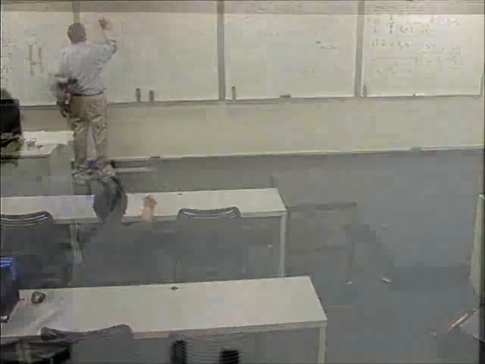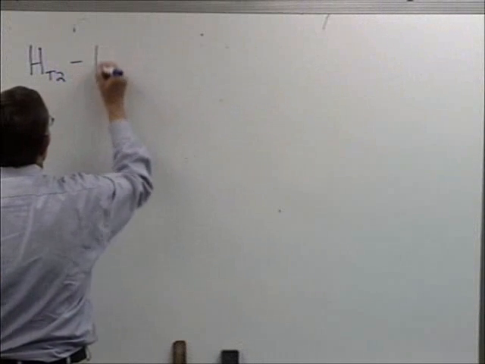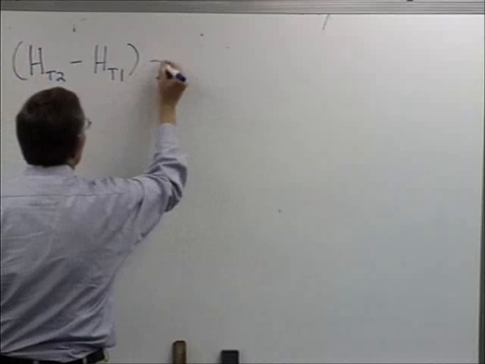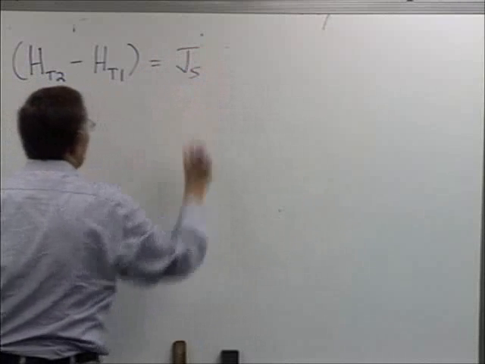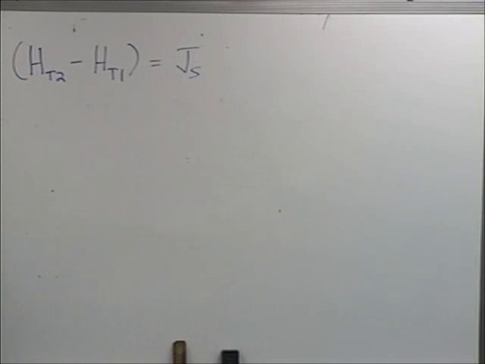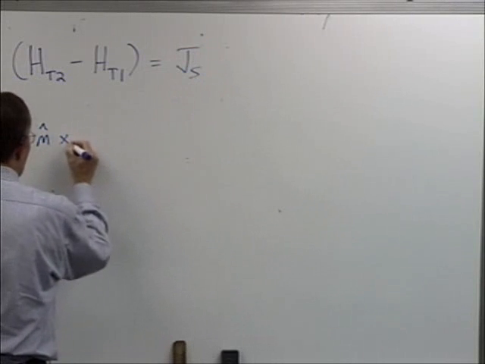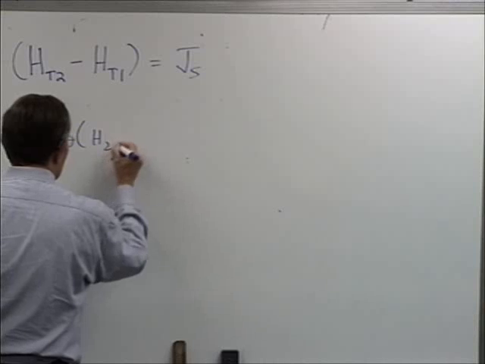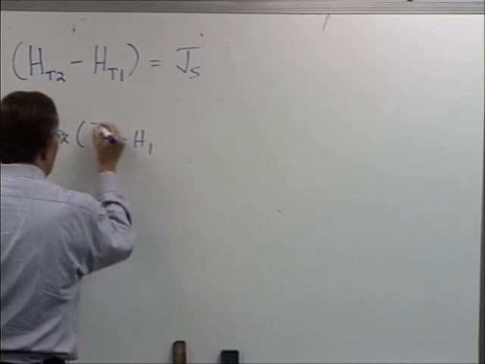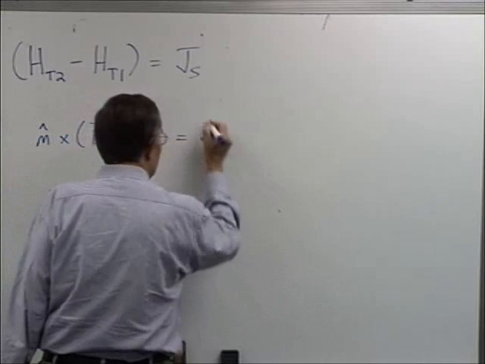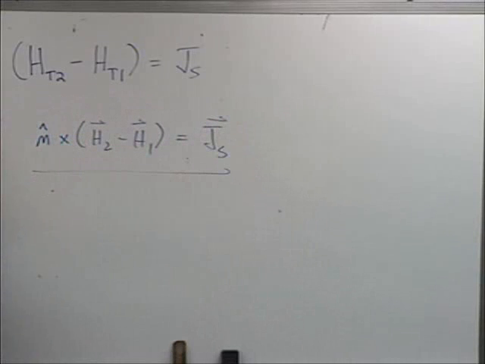H tangential in region 2 minus H tangential in region 1 is equal to JS. So that's one way of saying it. Or you can do N cross H2 minus H1 equals JS, a vector. This is the vector form.